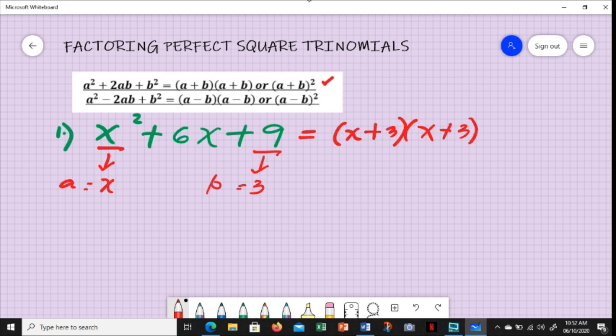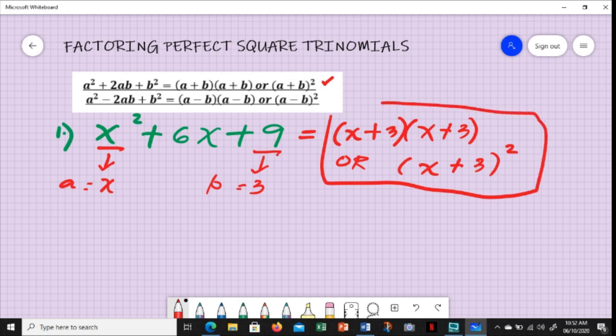Or, if you want to write the factors in short representation, it can be written as x plus 3 quantity square. So, these two are the same. Okay? So, kahit ano dyan pwede maging answer. So, this is our answer in number 1.